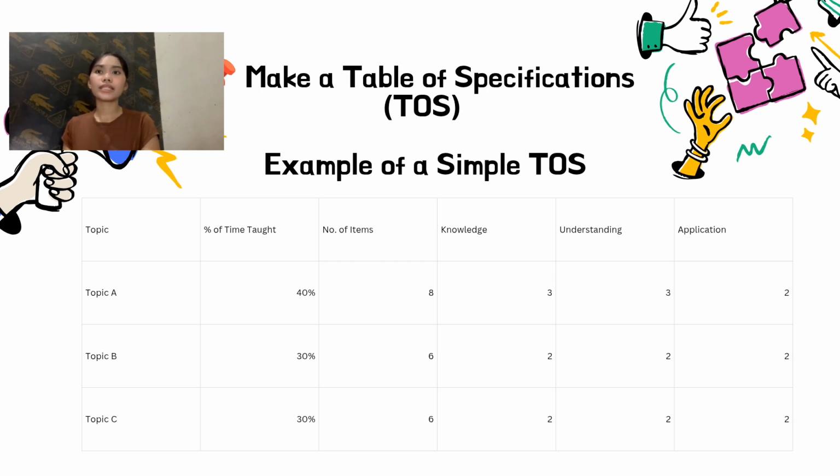It also balances contents and cognitive levels. Maraming reason kung bakit mahalaga ang TOS, but magbibigay lang ako ng tatlong purposes nito: number 1 is fair coverage of lessons, number 2 is balance difficulty, and the last one is prevent bias in the test items.